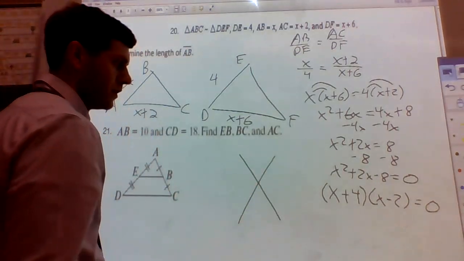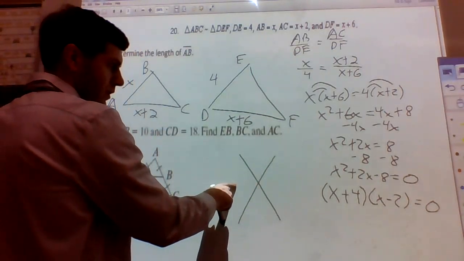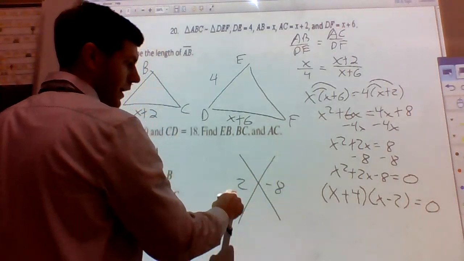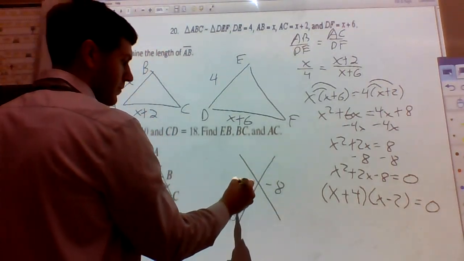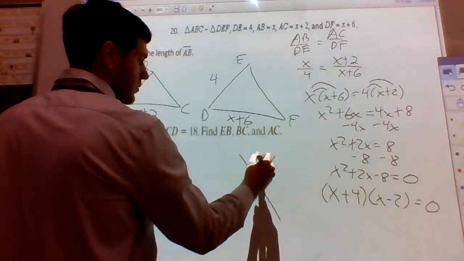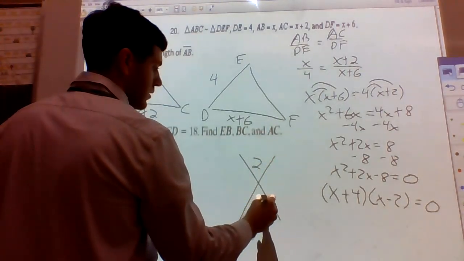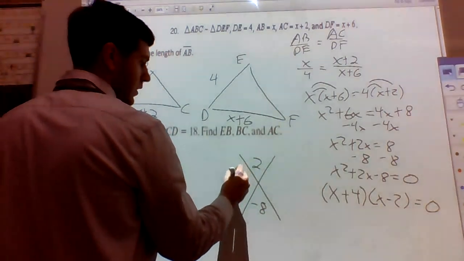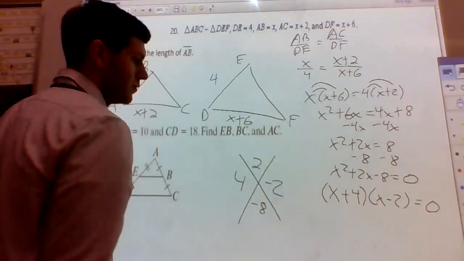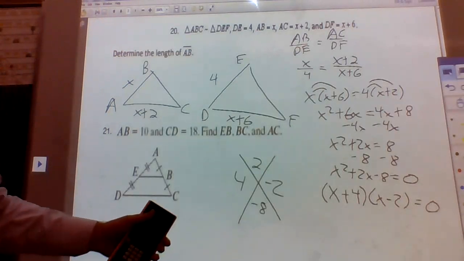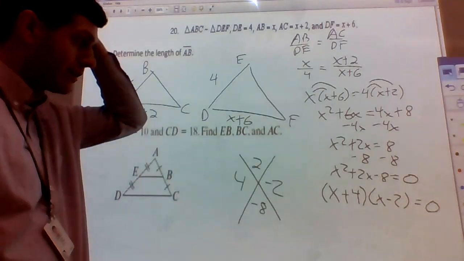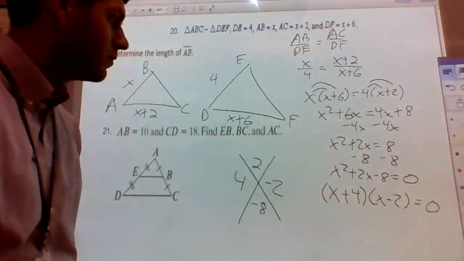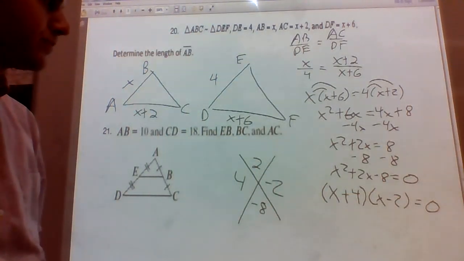What adds to 2 and multiplies to negative 8? So we said a positive 4 and a negative 2. I don't really understand what the point of putting the X is, though. It's just simply what adds to 2 and multiplies to negative 8.